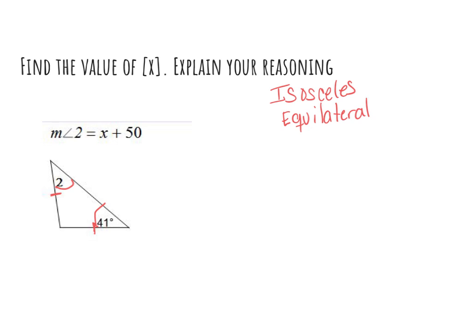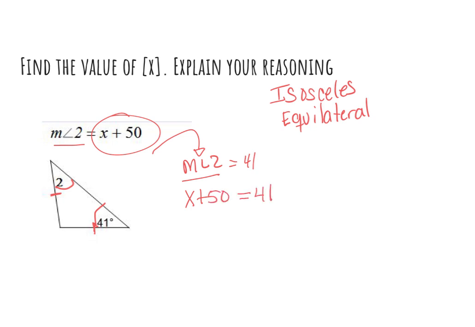So that means that the measurement of angle 2 has to equal 41, because they have to be congruent. So if the measurement of angle 2 is the same thing as x plus 50, I can substitute x plus 50 has to equal 41, and then I can solve for x using my algebra skills.